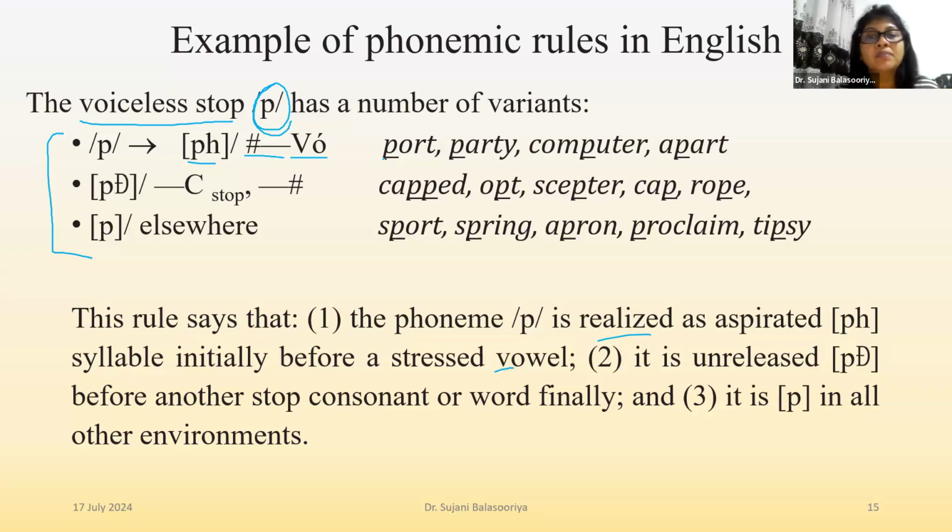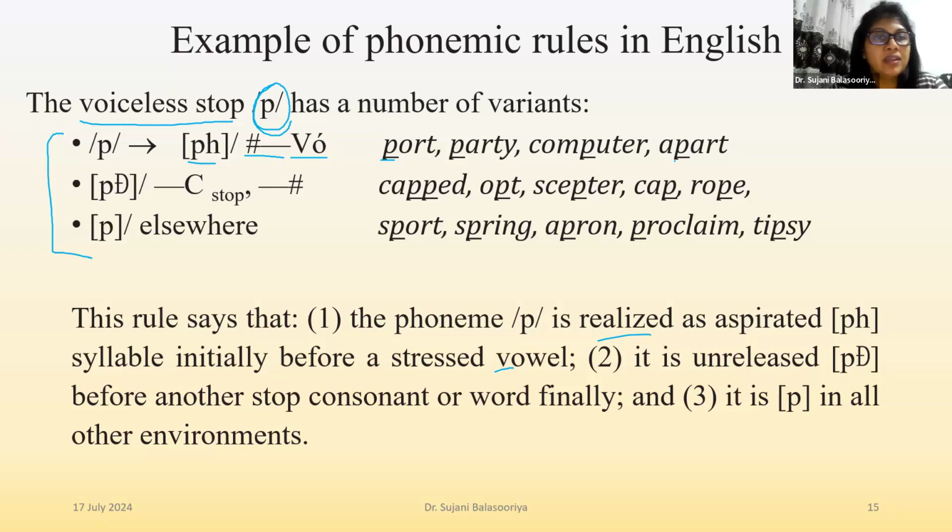Port, party, in both situations, word initially, okay? And the third and fourth examples, syllable initially. Computer, apart. This pu is the syllable, right? So in computer, and in apart, this is the beginning of the second syllable. So /p/ is aspirated. That is the first phonemic rule.